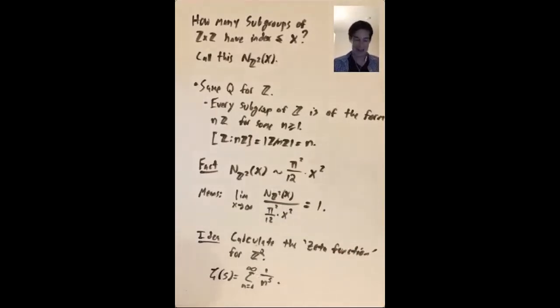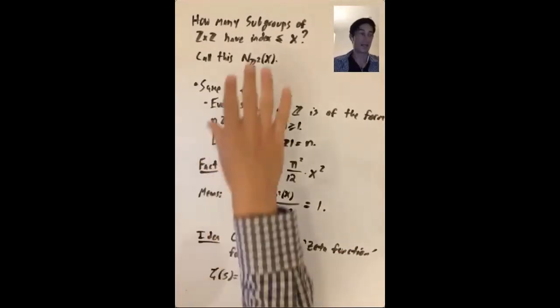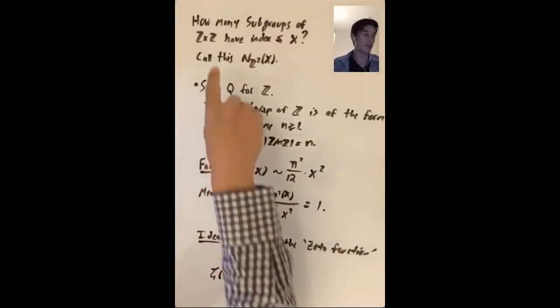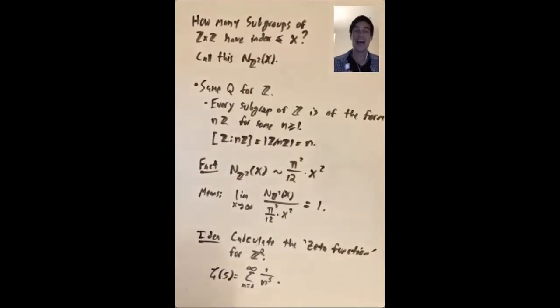So you can change this in all different kinds of ways. You can say, okay, maybe I don't just want to count subgroups, but I want to count subrings. And I don't just want to do this for Z^2, but for Z^n. Or one thing I mentioned is that there's another thing you can do with rings: not just count their subrings, but count these objects called ideals.